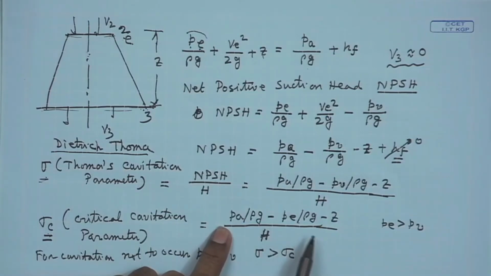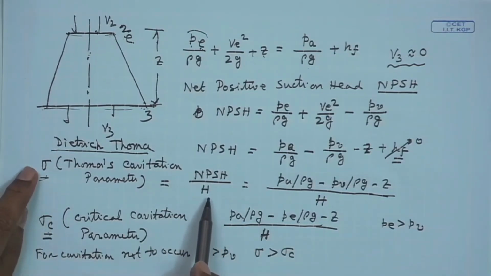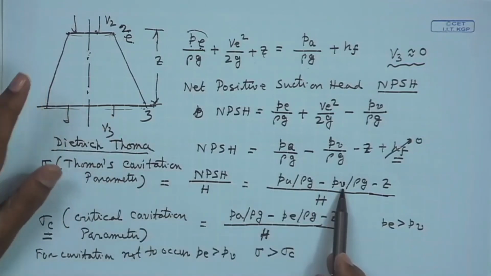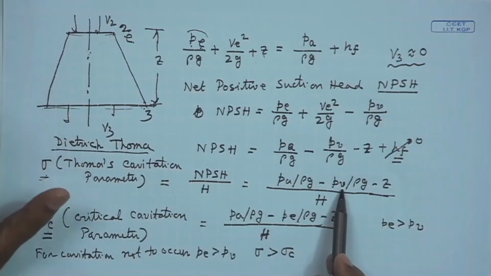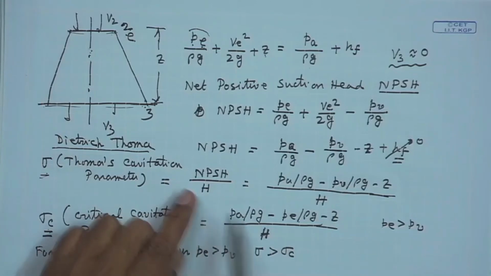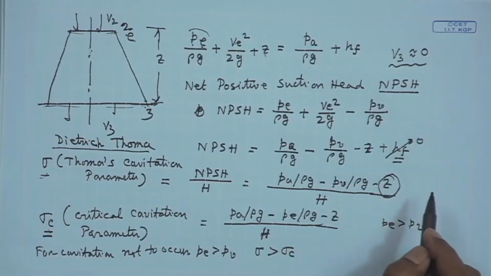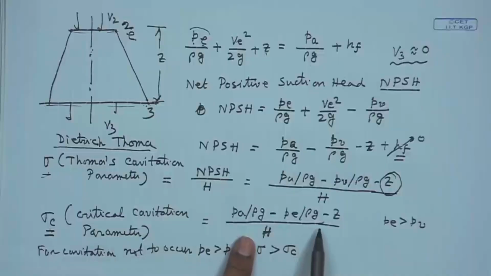We find out the Thoma cavitation parameter by putting the value of Pv for the liquid used, for example, water at its working temperature, and determine what should be the value of Z. That means, at which level the turbine runner should be set to avoid cavitation. This is a design parameter for a particular Francis turbine and depends on specific speed.